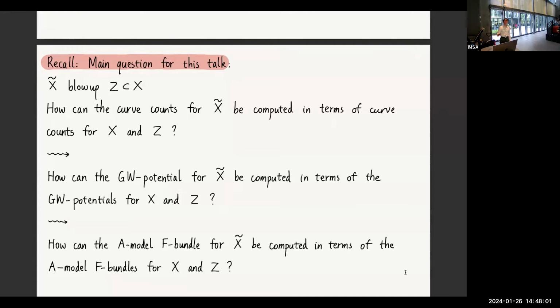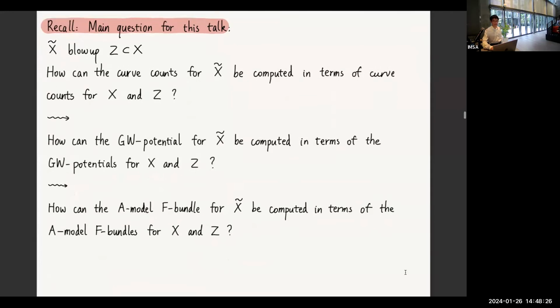And now we want to relate the Gromov-Witten potential for X tilde in terms of the Gromov-Witten potential for X and Z. And we further put the Gromov-Witten potential into the F bundle. So now the question is, how can the A model F bundle for X tilde be computed in terms of the A model F bundles for X and Z?